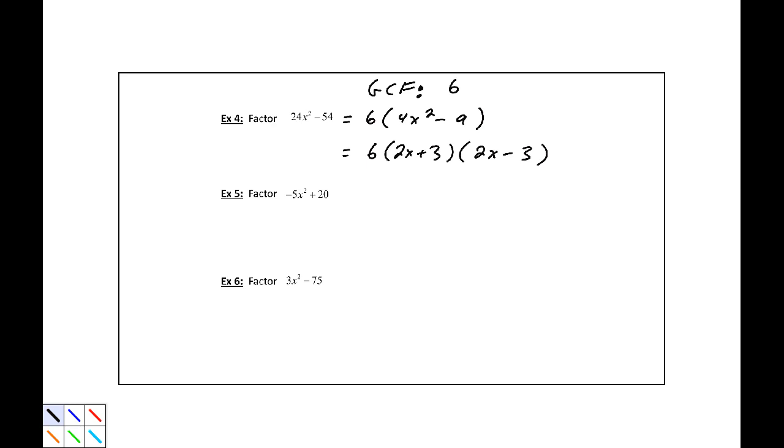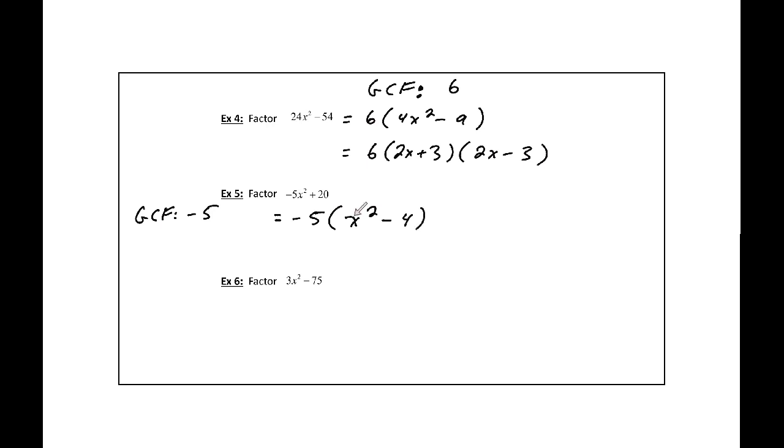Example 5, factor negative 5x squared plus 20. Again, these are not perfect squares. However, I can factor out a greatest common factor of negative 5, because our first term is negative. So I could write this as negative 5, open parentheses, x squared minus 4, close parentheses.